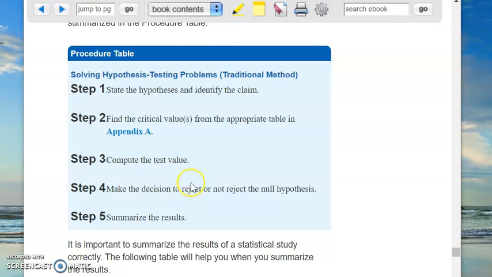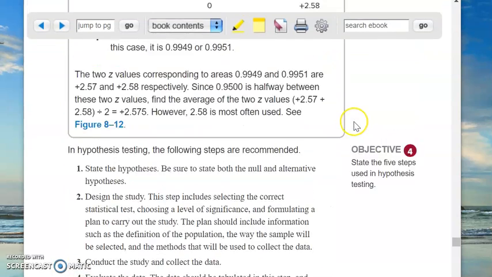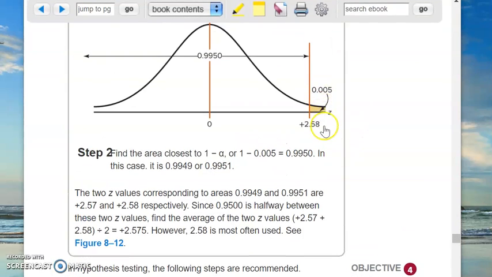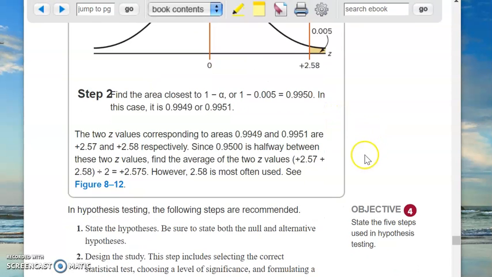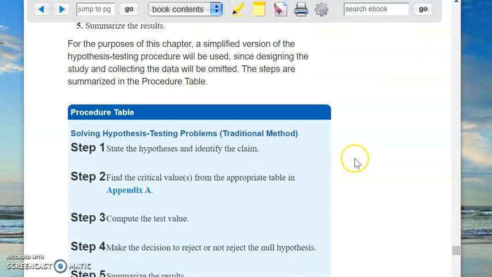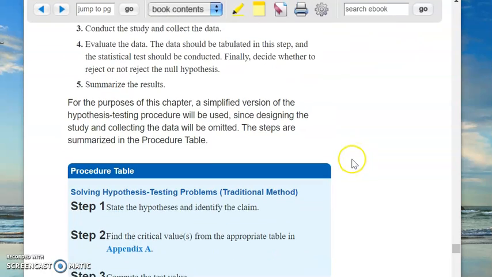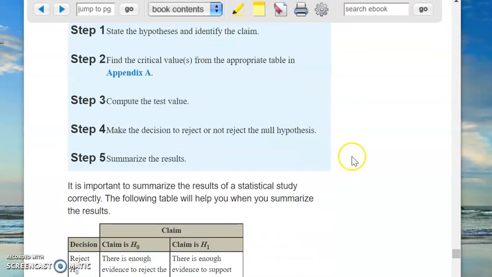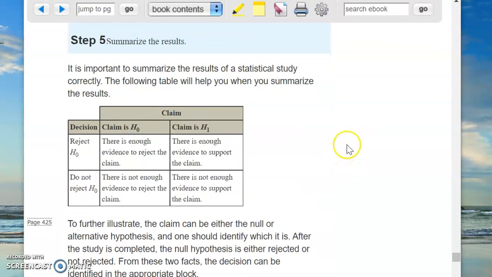And then you decide whether to reject or not reject the null hypothesis based on comparing the test value to the critical value. If your test value is past the critical value, if you end up over here with your test value based on the data, you reject the null hypothesis. So that's why, if you do it right, it's very algorithmic. It's like watching the Kardashians while you're doing it. There's no problem. You've already made your decision about how to conduct the study.